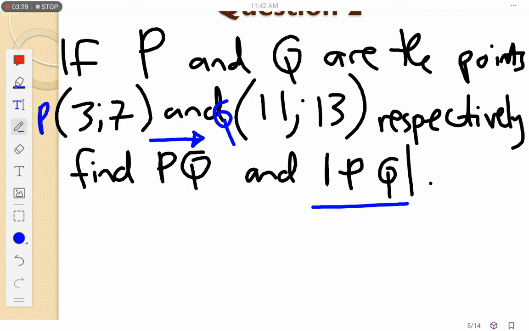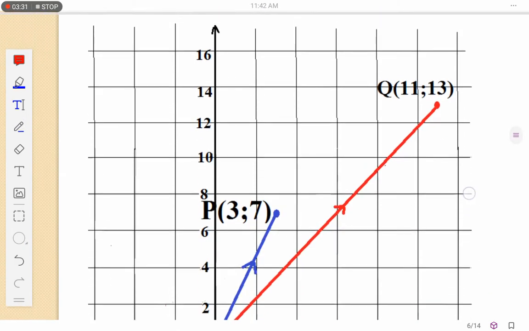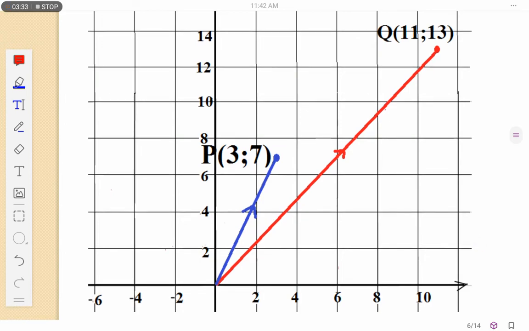To simplify this, I've drawn a graph where I've shown my p and my q. My p is in blue and my q is in red. When we want to find PQ, it means we are moving from point p to point q, like that.